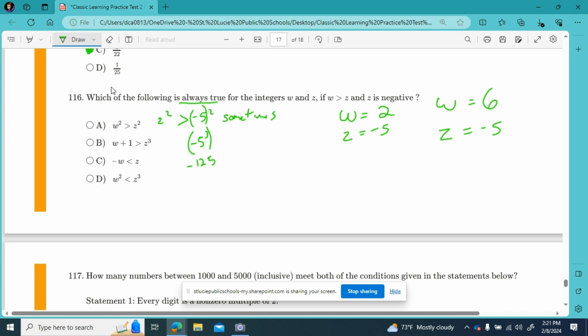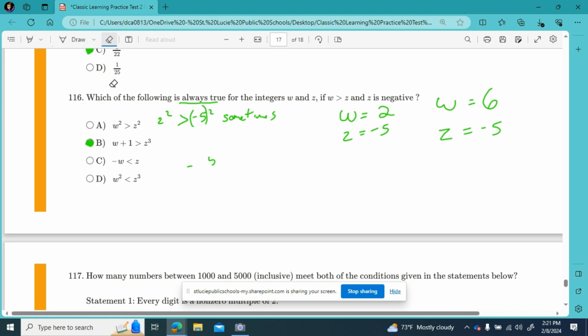And if w is greater than this, right, then it's going to be more than negative 125. So this one is always true. B is always true.